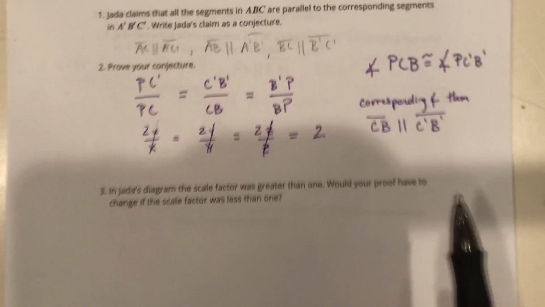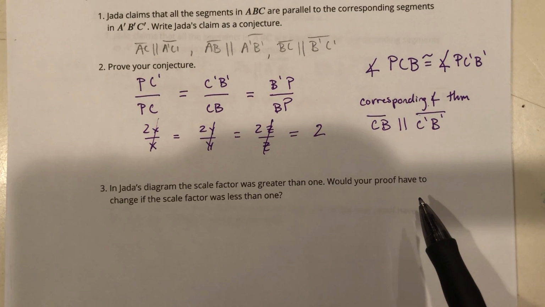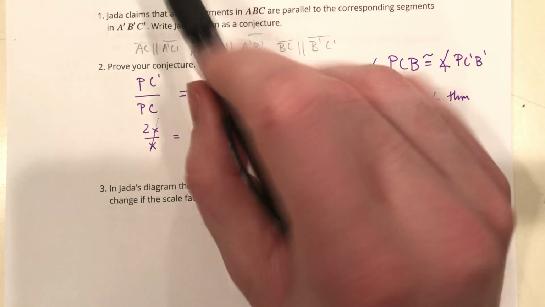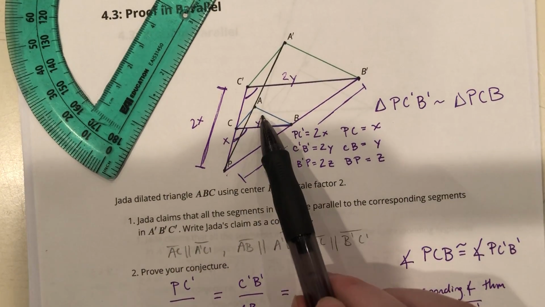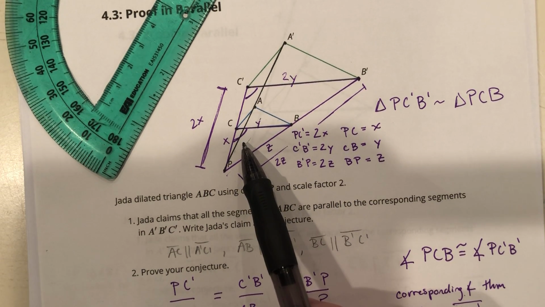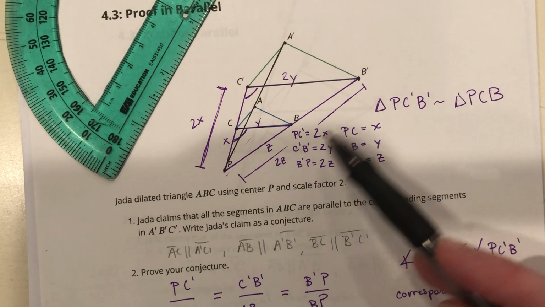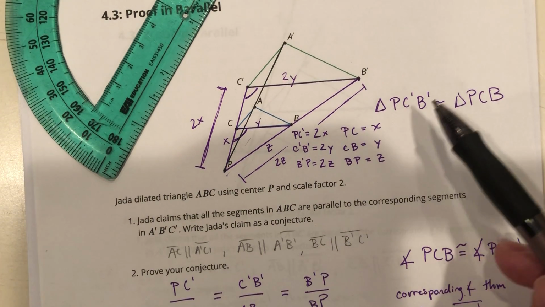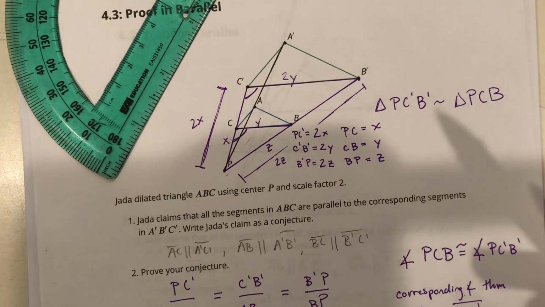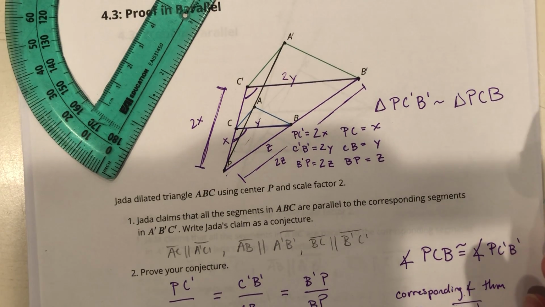Question 3, in Jada's diagram, the scale factor is greater than 1. Would you have to change it if the scale factor is less than 1? Well, if the scale factor was less than 1, that would just take this triangle further down here. Even if a scale factor is less than 1, the two triangles are still similar, so I would still be able to use the same proportions to create corresponding sides that are proportional. So I would know for a fact that I'd have some corresponding angles here that would make parallel lines.